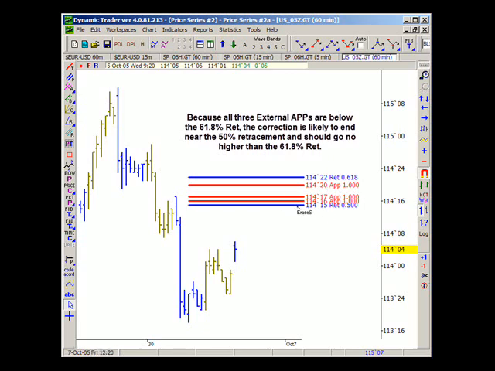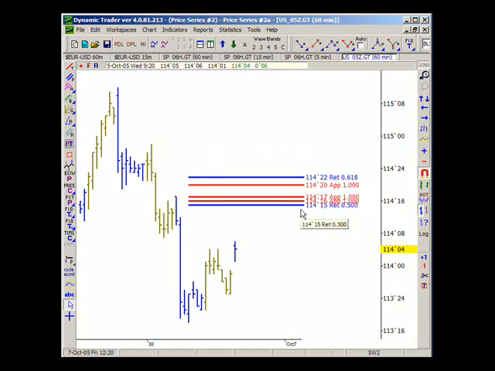This is just a three-tick range where we have two of the APPs and the 50%. So we've identified in advance that more than likely, if the market is making a corrective rally, it'll make its corrective high right around the 50% retracement, more likely than the 62%.